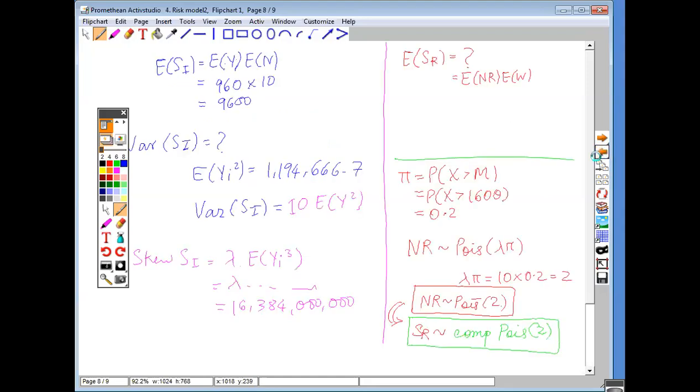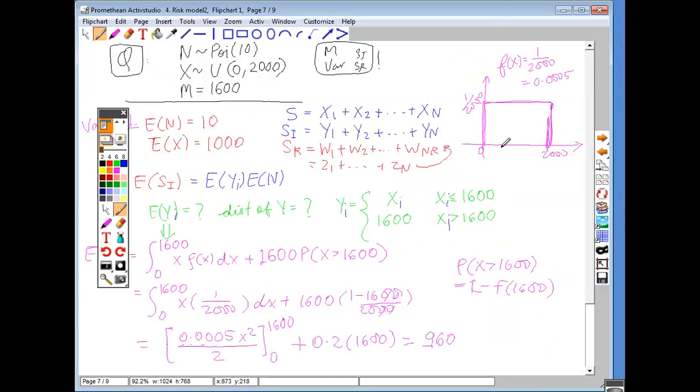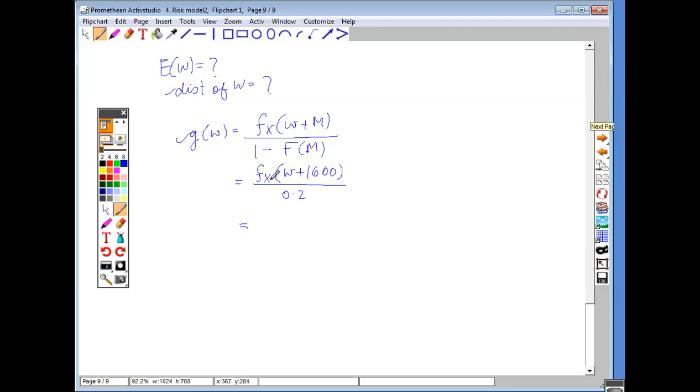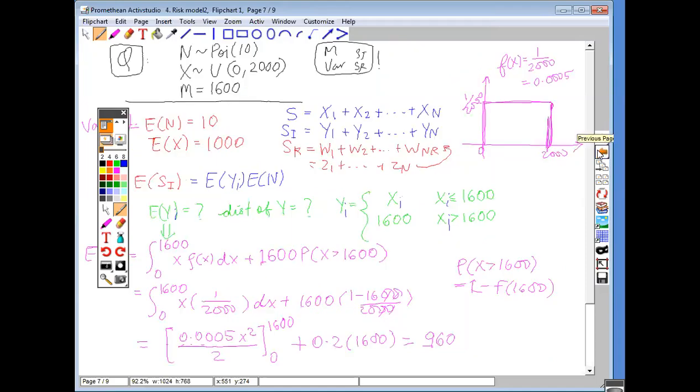My x follows a uniform distribution, right, from 0 to 2000. So what is my f of x here for this guy? I guess we did define our f of x, which takes a constant value everywhere. It does not depend on the value of x, right?